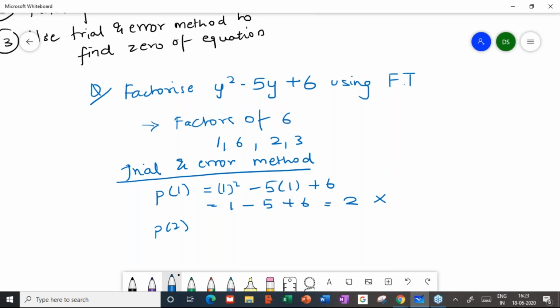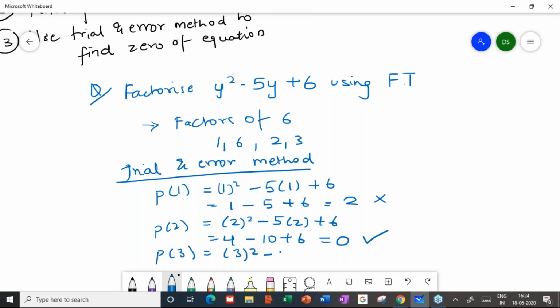So I'm going to check for 2, p of 2. P of 2 will be 2 square minus 5 into 2 plus 6, 4 minus 10 plus 6. This is 0. This is a factor. Then p of 3 is 3 square minus 5 into 3 plus 6.